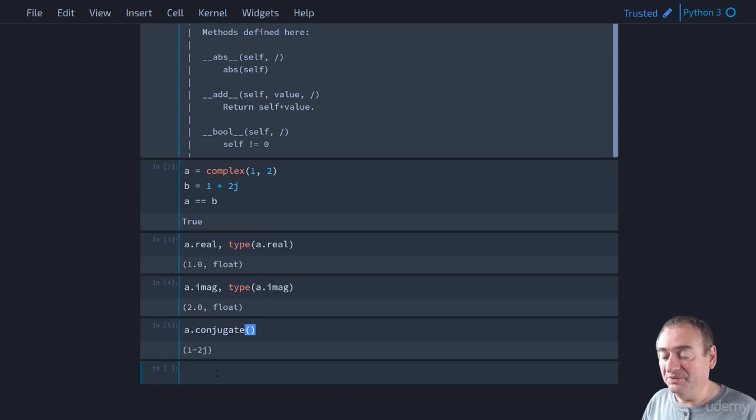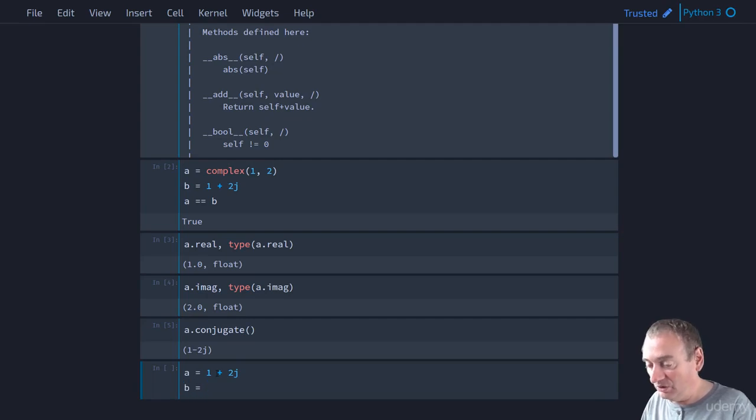Now, we also have the standard arithmetic operators that we can use. So plus, minus, division, and so on works as one would expect with complex numbers. So let's say we have A equals 1 plus 2j. And let's say B equals, I'll make them different, 10 plus, let's say, 8j. Okay.